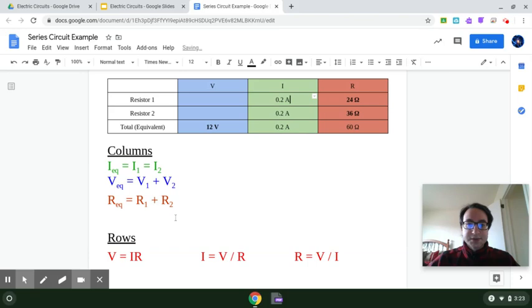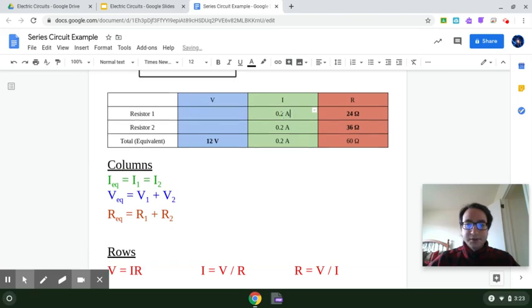Current and resistance multiplied together equals voltage. So we'll take a look at the first row, 0.2 times 24. That's 4.8 volts. And then 0.2 times 36 for the I times R equals V over here. 0.2 times 36 is 7.2. And again, that's volts.